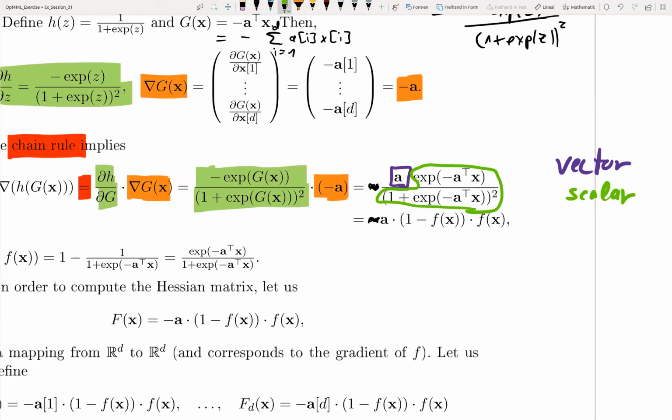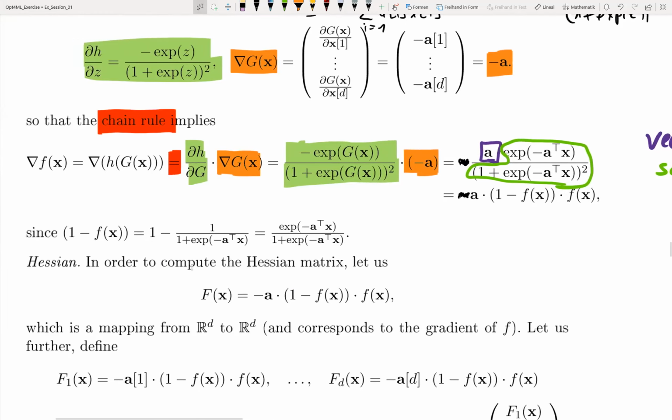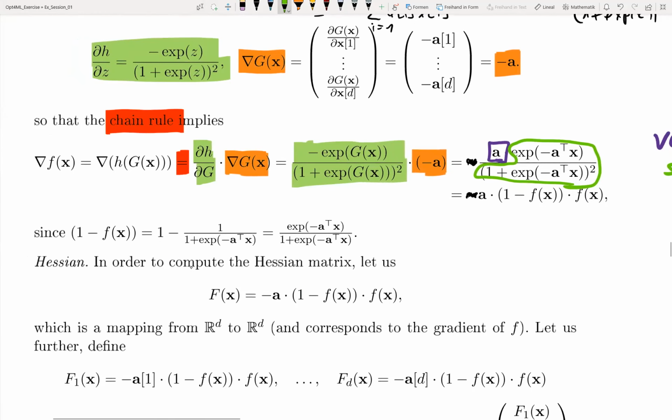And now we can write things quite conveniently afterwards if we realize the following. The scalar you see here can also be expressed as 1 minus f of x times f of x. Why? Let's have a look at what 1 minus f of x is. So 1 minus the definition of f of x, you get this here.